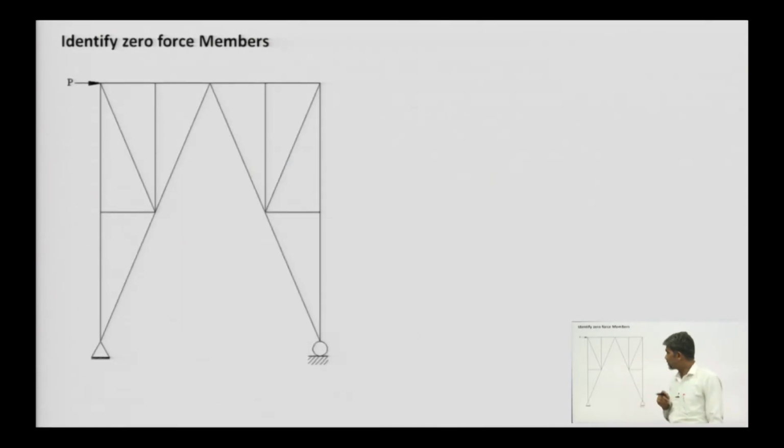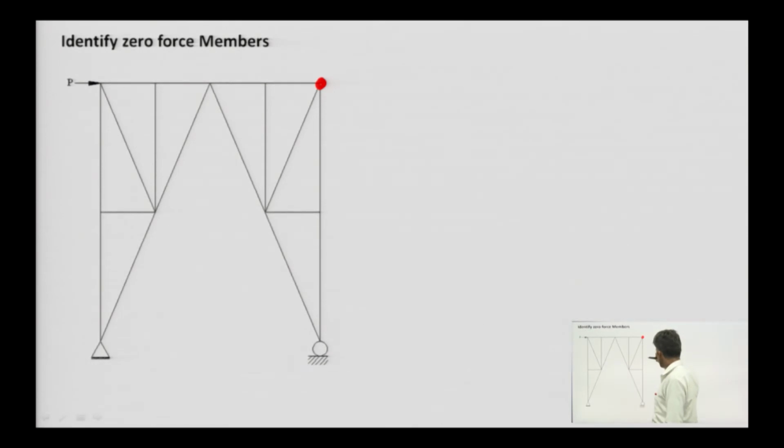Consider this one case. Here a force is acting. Let us start from this joint. At this joint, there is no external load; the external load is missing.